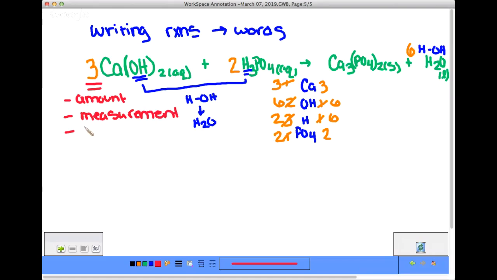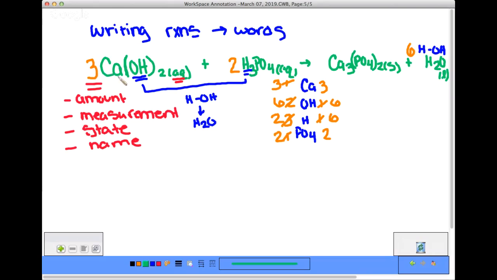We need to have the state, and what I mean is the state of matter. So is it aqueous? Is it solid? And then we also need to have the name. So there's a couple different things that we want to make sure we have when we're writing out these reactions into words. So let's start with my first one.